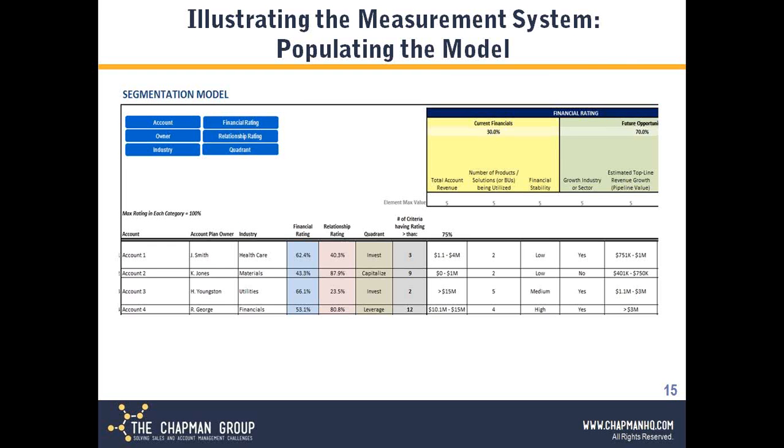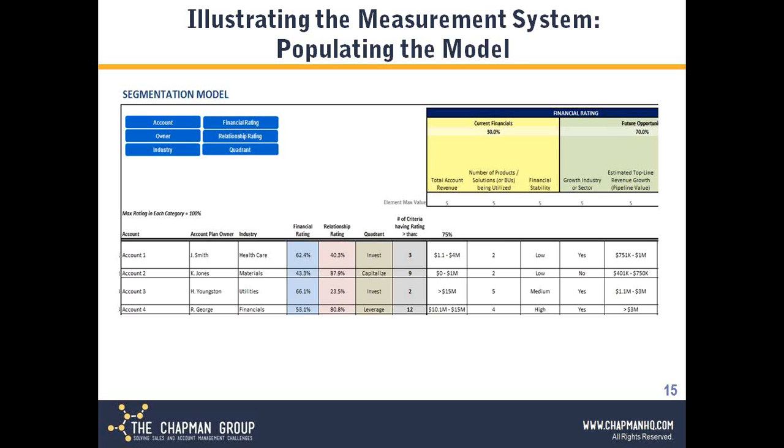Now, just at a top line, the measurement system is, if you look through the table there, just for demonstration purposes, what the output might look like. You've got an account, which says account 1, that has a financial rating, a relationship rating, and then the quadrant, which we'll talk about, is really what we call treatment strategy, and the number of critical hits, which are factors that we might isolate that are very critical and unique to our business.